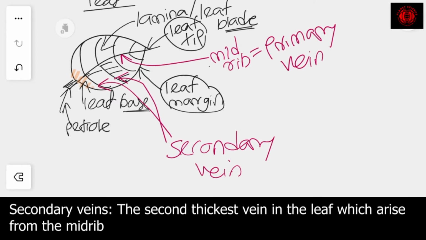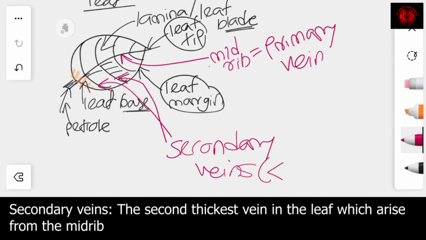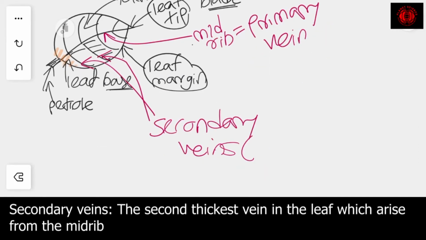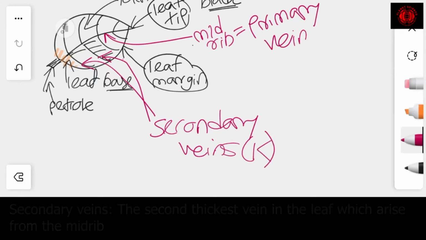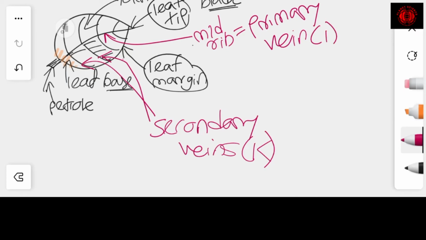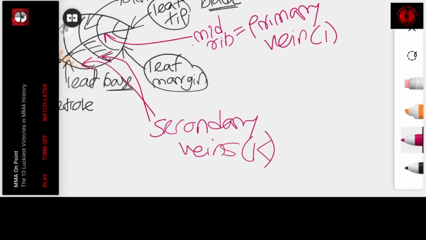We can find more than one secondary vein per leaf. We can only find one primary vein, but we can find more secondary veins than primary veins.